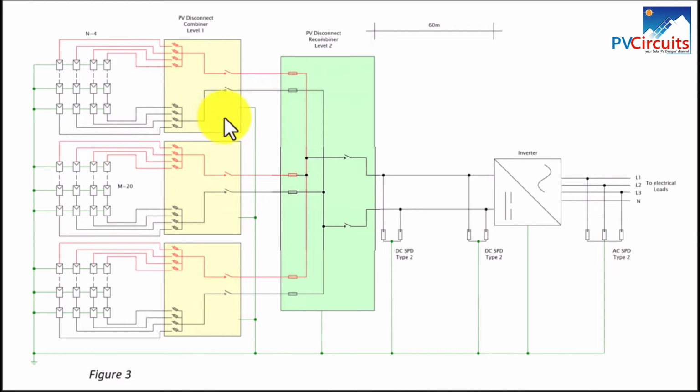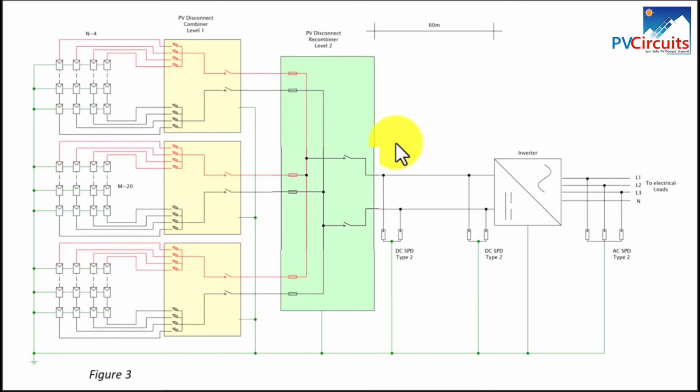Then this is a disconnect. It is a combiner cum disconnect because it is combining the string cables, then giving us subarray cables, and we have 3 of them. Then we move from the level 1 combiner to the level 2 combiner, which combines the subarray cables and gives us the DC inverter cable.